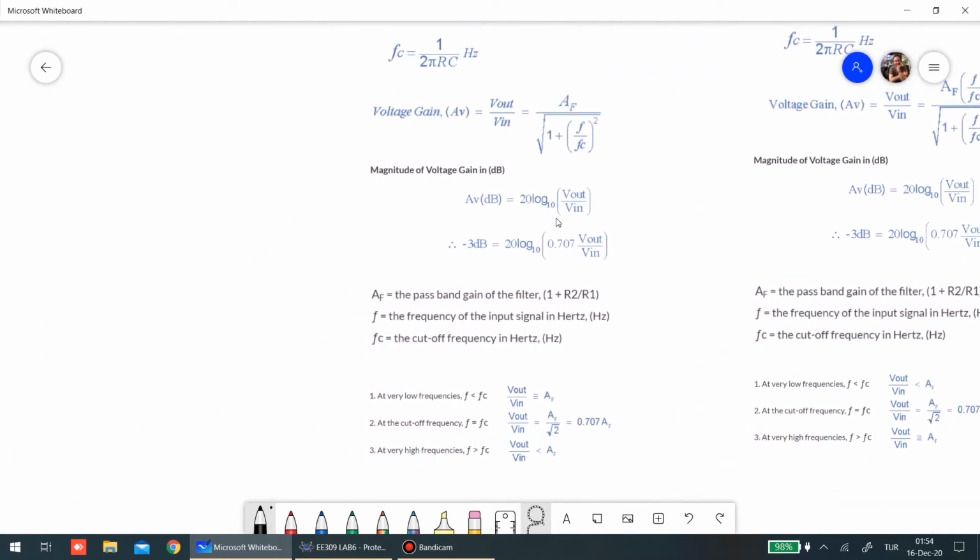For low frequencies, we expect the passband gain of the filter, which should be the maximum gain.